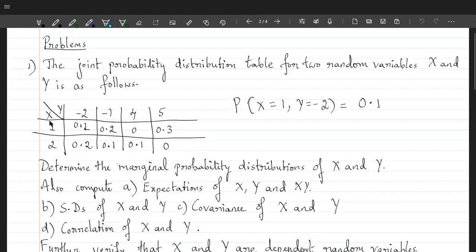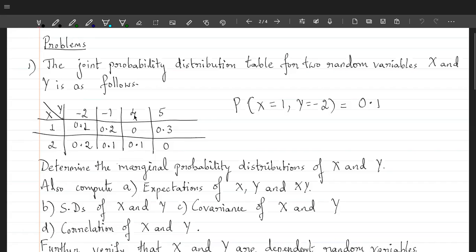So let's take the first case. If you take x as 1 and y as minus 2, and if you add them, the sum will be minus 1. So I can't take this case. If I take x as 1 and y as minus 1, sum will be 0. This case also cannot be considered. So which case I can consider here is when x is 1, y is equal to 4.